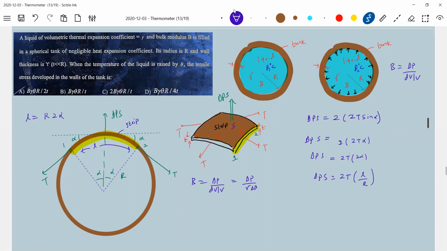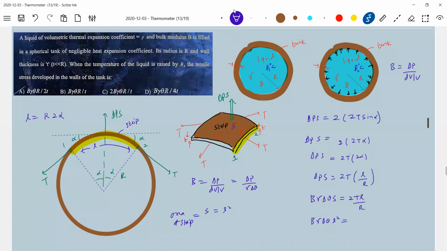So therefore this delta P, what we can write? B gamma delta theta S is equal to 2TL by R. What is S? We should write area of the strip, which is equal to L square. So B gamma delta theta L square.